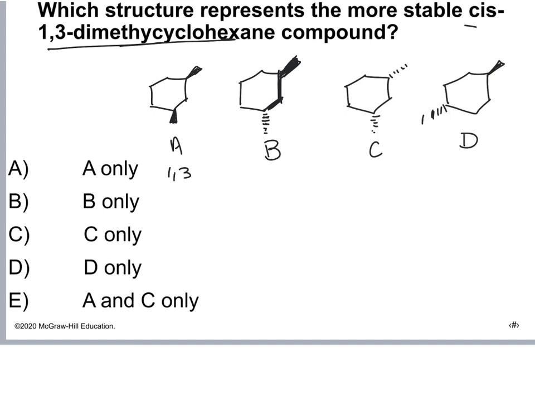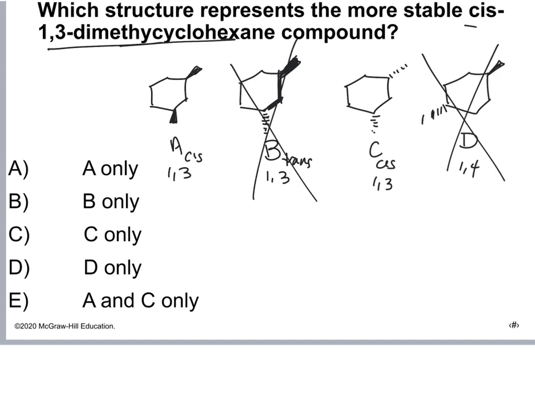Well, this is a 1,3. This is a 1,3. This is a 1,3, and this is a 1,4. So D is not right. And it says cis. Well, this is cis. This is trans. This is cis. So it's not trans.